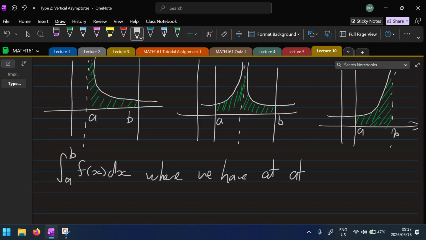Again, there could be more, but there's at least one. At least one asymptote on the interval AB.